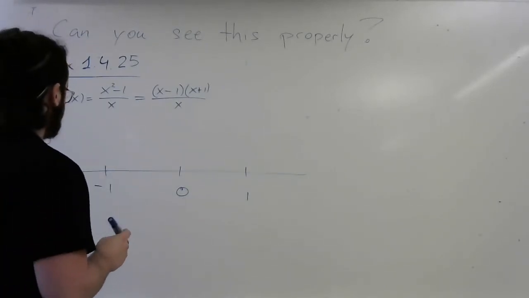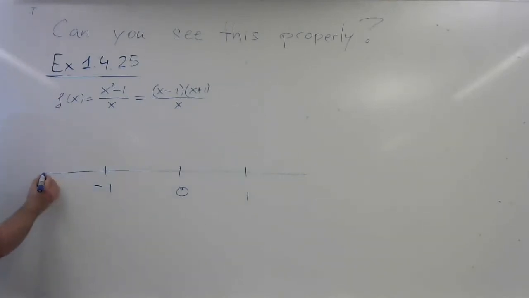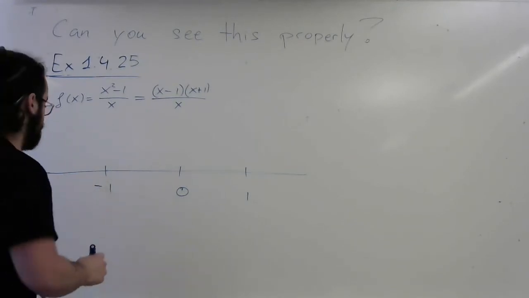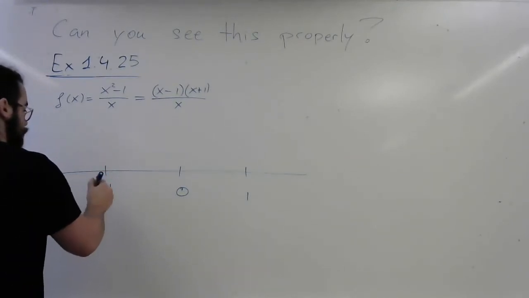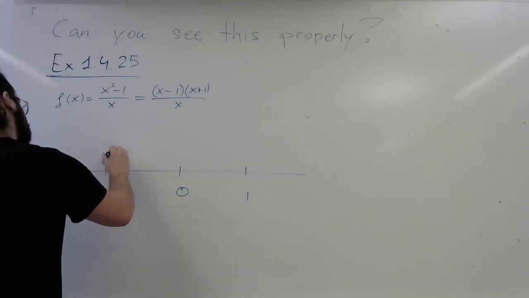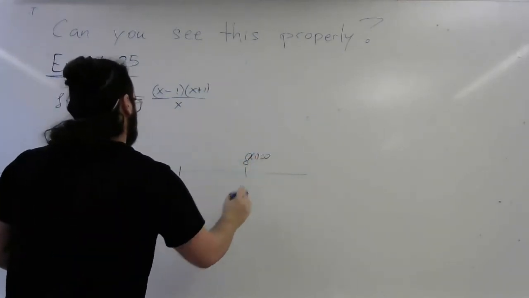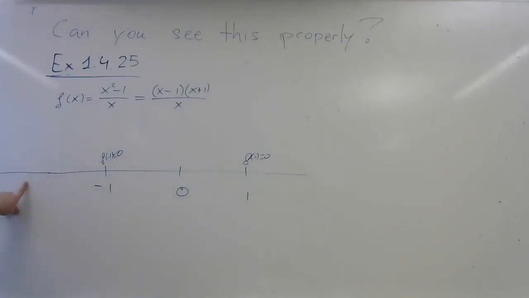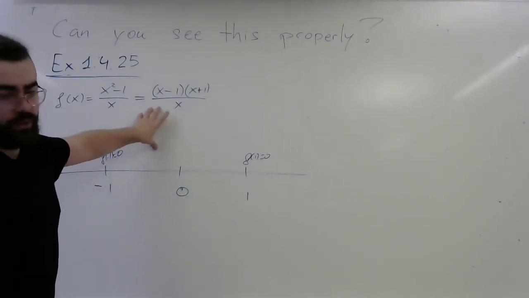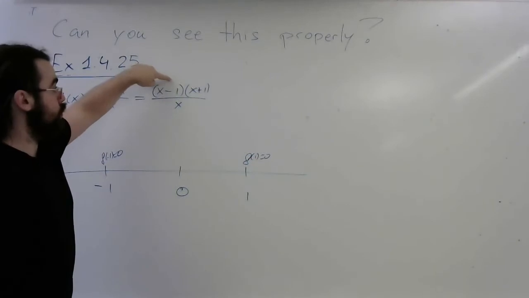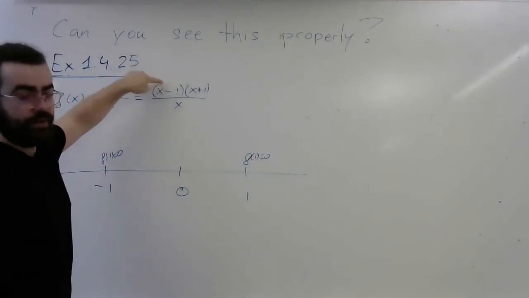So, if x is smaller than minus 1, like here, we know that's true. If x is smaller than minus 1, what do we have here? X minus 1 is smaller than 0.